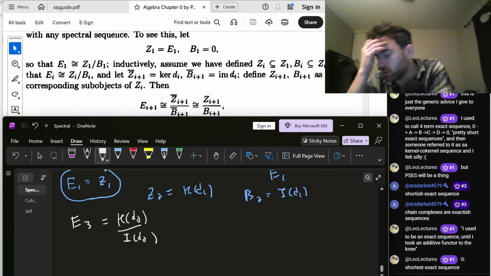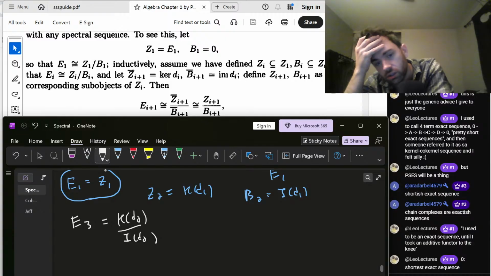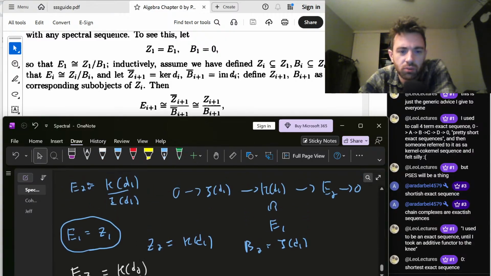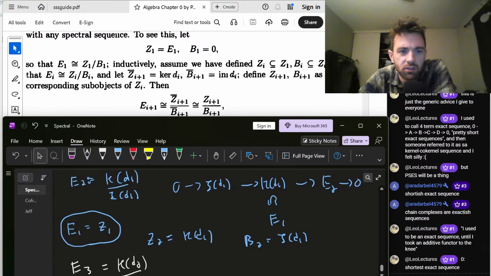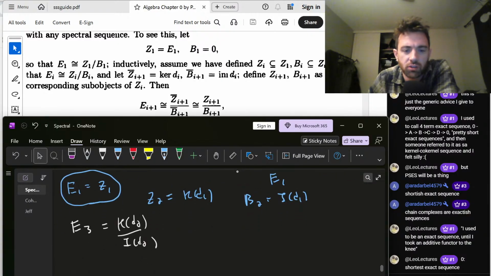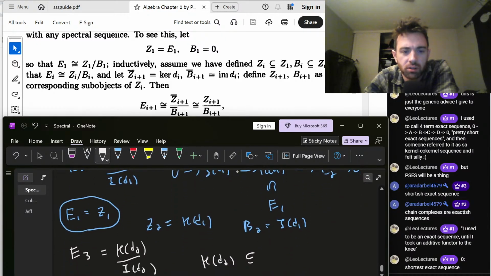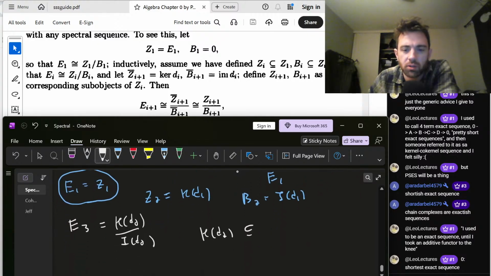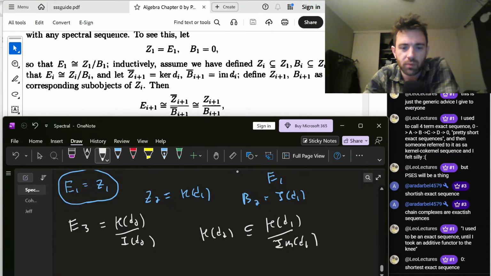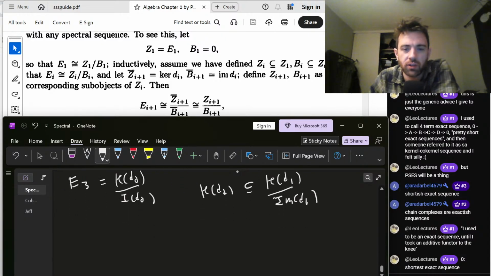And now I see, in this case, the kernel of d2 is really a subobject of the kernel of d1 mod the image. So I should be able to lift this to a subobject of the kernel of d1.